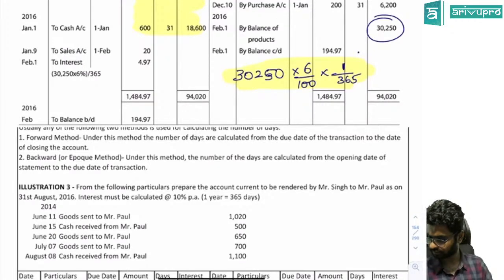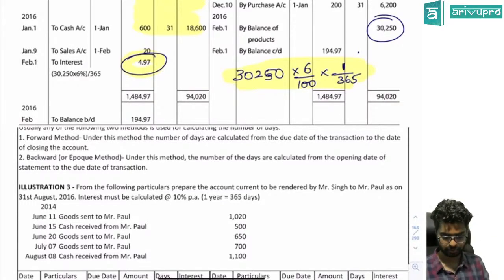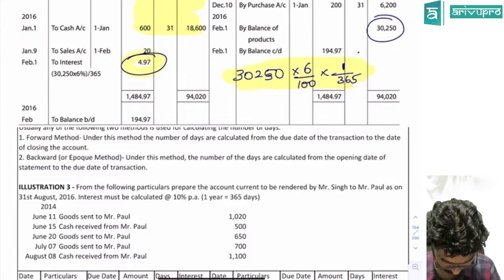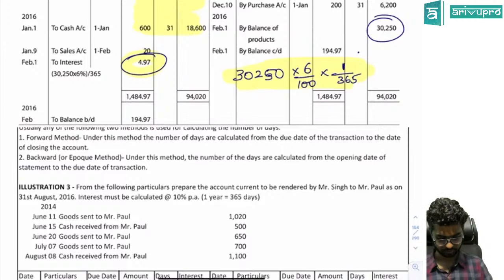How much do you get? Guys, are you clear?